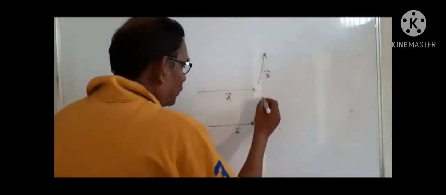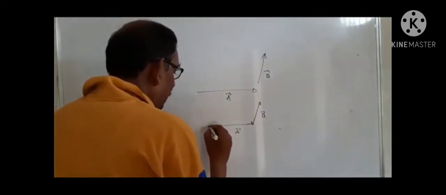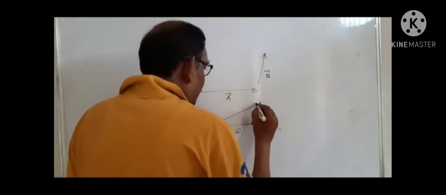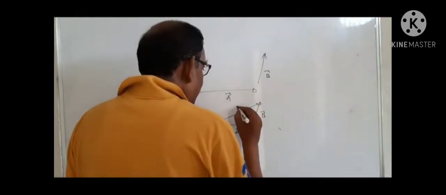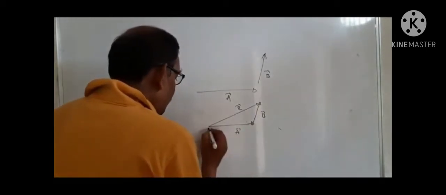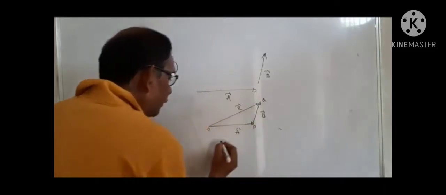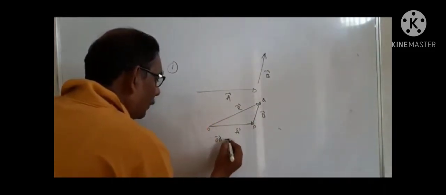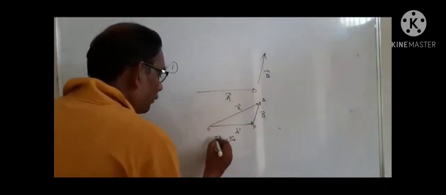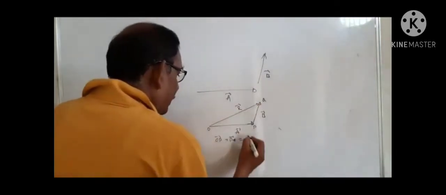So you have to add in this way. They are in the same order. Now joining this vector R, it is called a resultant, taken in opposite order. So you will take this O, P, Q: OP plus PQ, because they are in the same order, is equal to OQ, in opposite order.